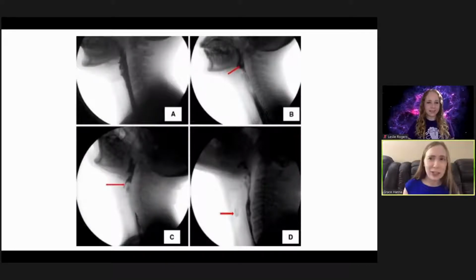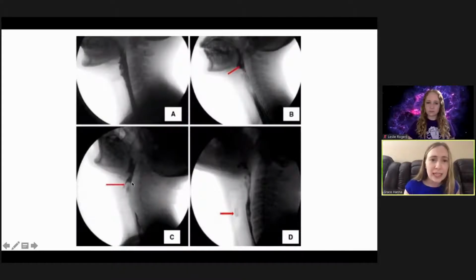Okay, I'll let you know now. So A is a normal swallow. It's going straight from the mouth down to the esophagus. Here, we've got some residual pooling right above. It's not going straight to the esophagus. So clearly the throat muscles are not strong enough to get it down to the esophagus. And that's a problem. We might need to change the consistency of their food to allow them to have a stronger swallow.